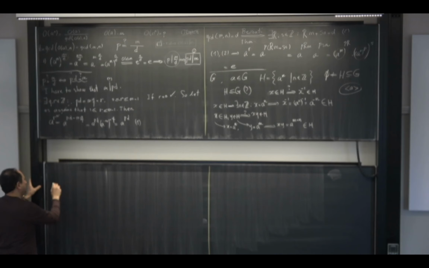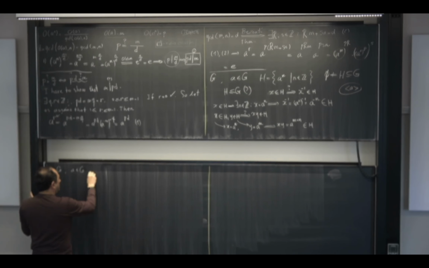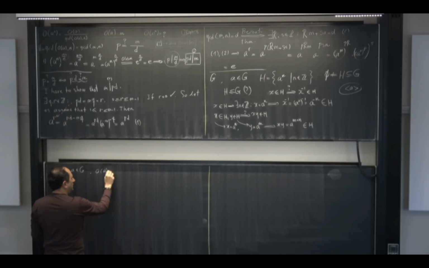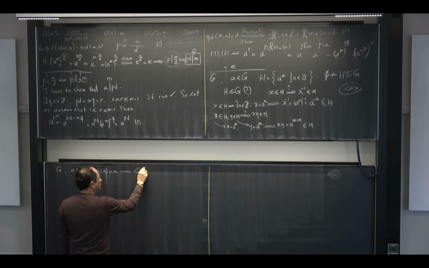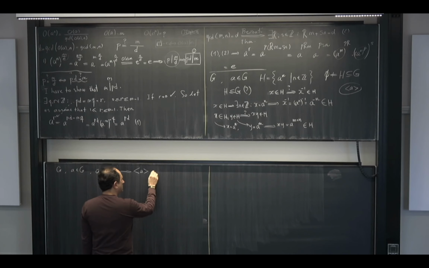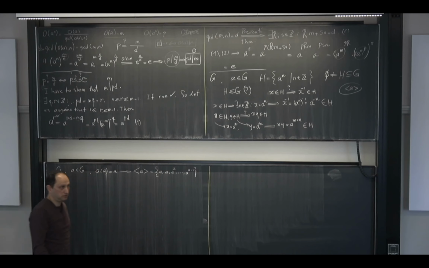If you have G, a group, and you have an element a in G, and the order of the element you pick is n, then there is this nice formula: the subgroup generated by a is {e, a, a^2, up to a^(n-1)}. This is what we want to show.